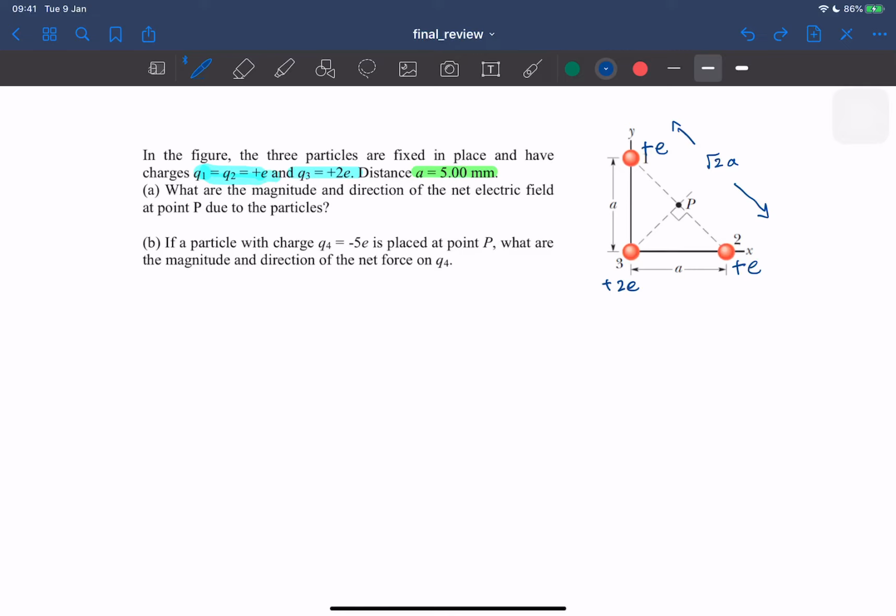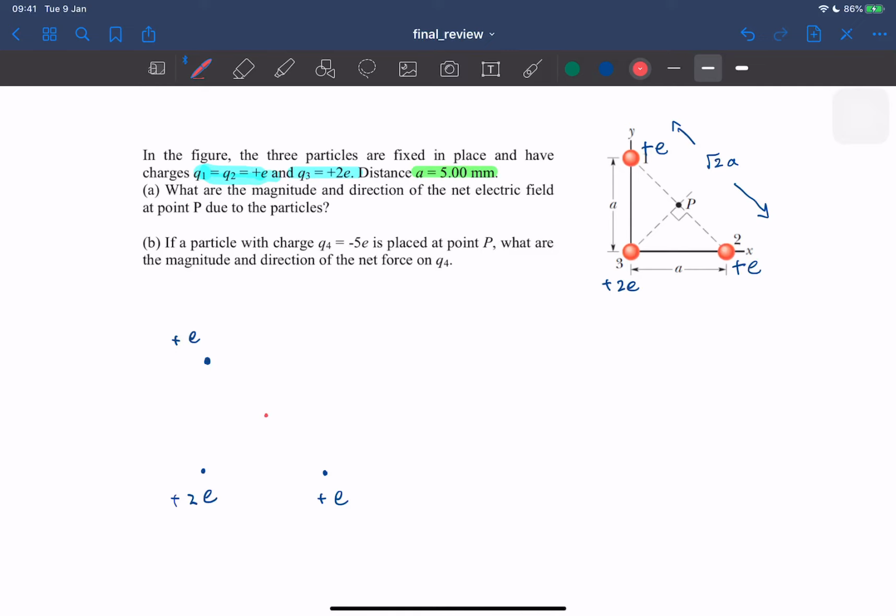Okay, so I'm gonna redraw the diagram here so that it's a bit easier to deal with. So we have plus E here, and we have plus 2E, and then we have plus E here, and then we want to find the electric field at this point.